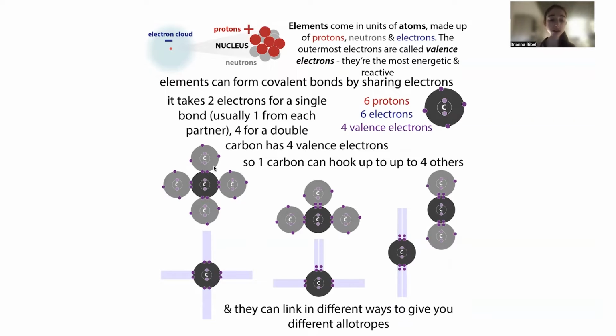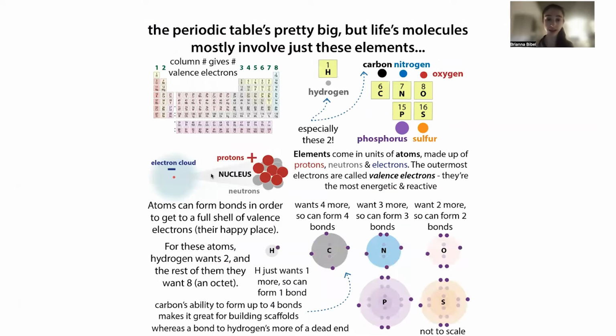And when you share electrons with another atom, you get to count their valence electrons towards your outer shell. And so by forming these 4 single bonds, carbon is able to fulfill its octet. It's using the 4 that it came with, and then it gets 4 more through the shared ones through the bond formation. So carbon is going to be able to form 4 bonds.